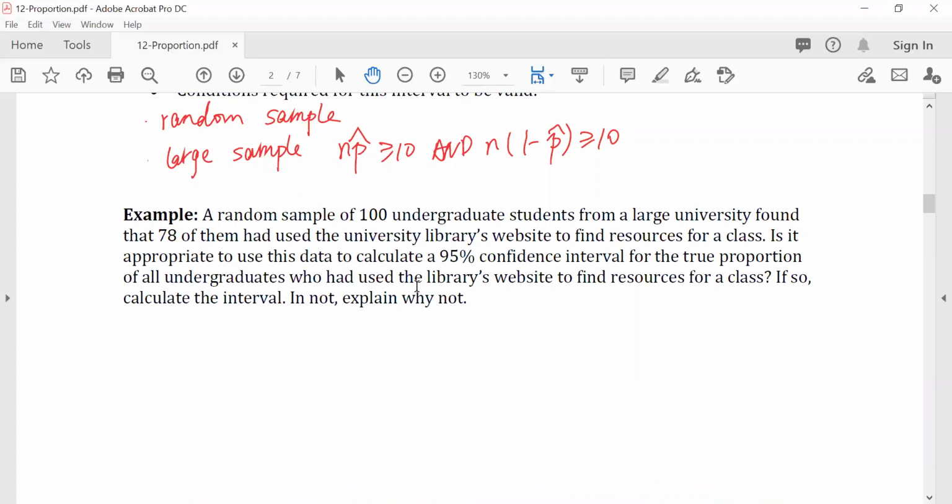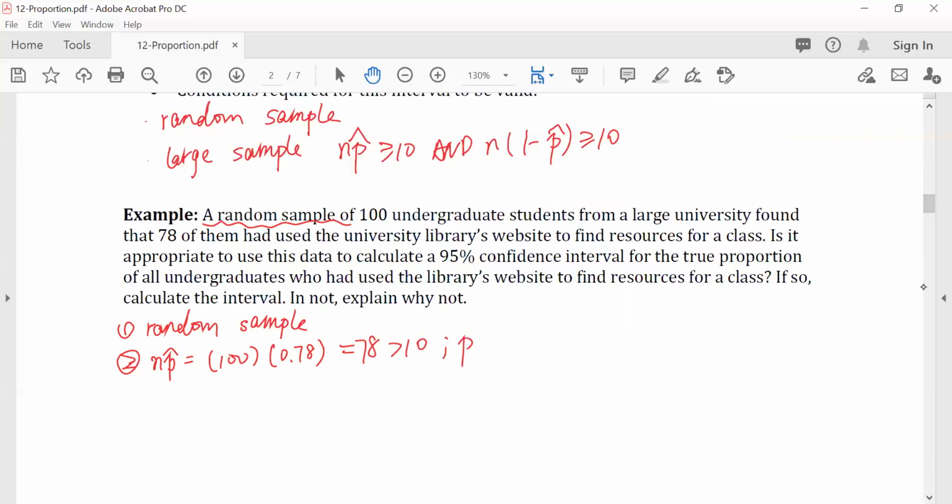From the question, we know that this is a random sample. The second condition, n p hat, is 100, your sample size, times your sample proportion 0.78. This is bigger than 10.